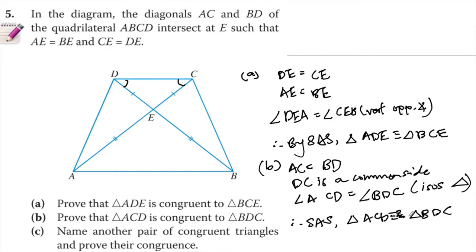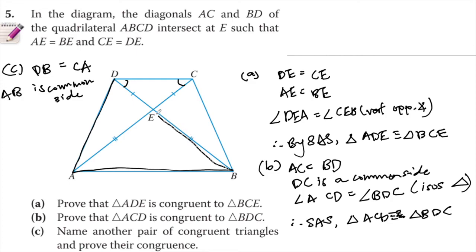Three marks. And name another pair of congruent triangles and prove their congruence. DB is equal to CA. AB is a common side. Right, so the triangle I'm looking at now is this one, which corresponds to this one. So I have DB and I have AB.